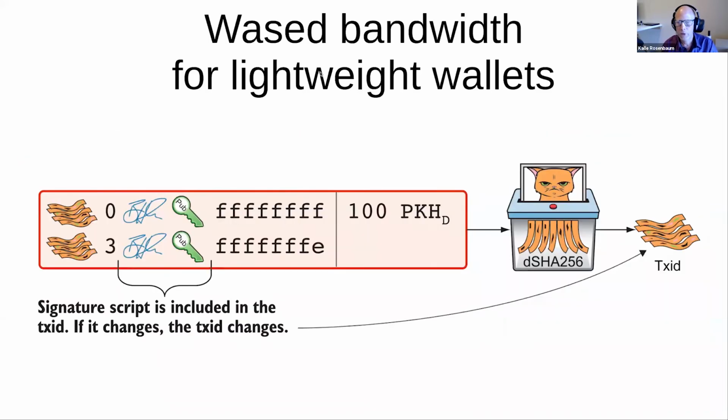And then we have the third problem, which is wasted bandwidth for lightweight wallets. So suppose you have this transaction, and when you take the transaction ID of this transaction, this signature script is included in that calculation. So the signature script is included in the message to hash to get the transaction ID.